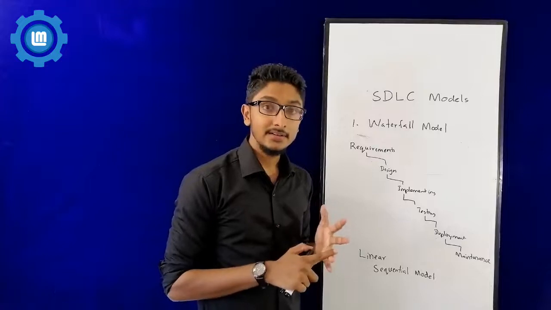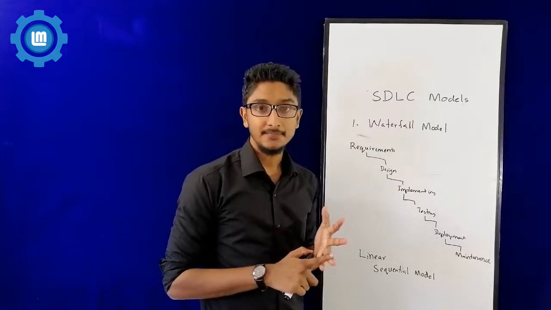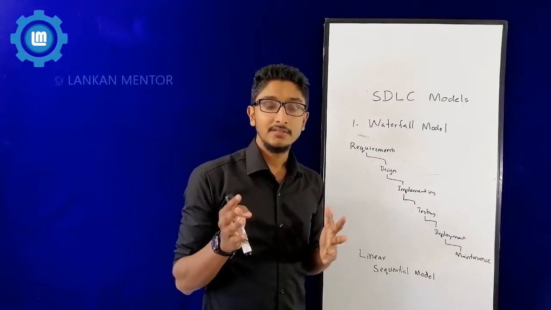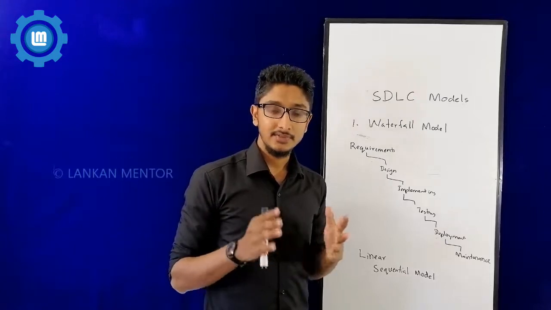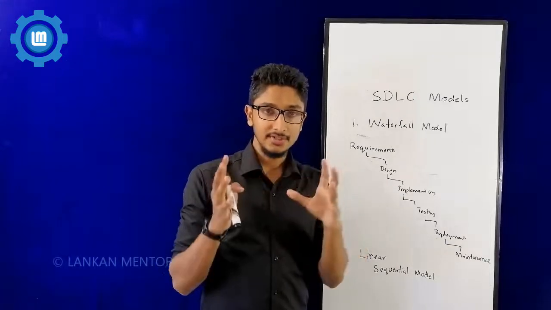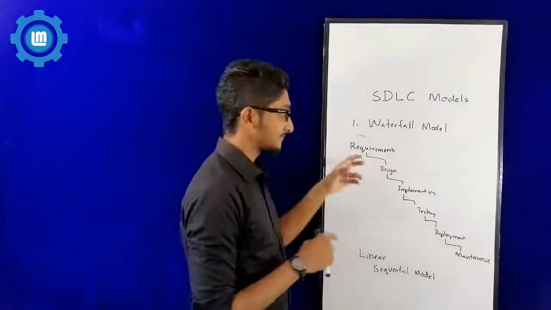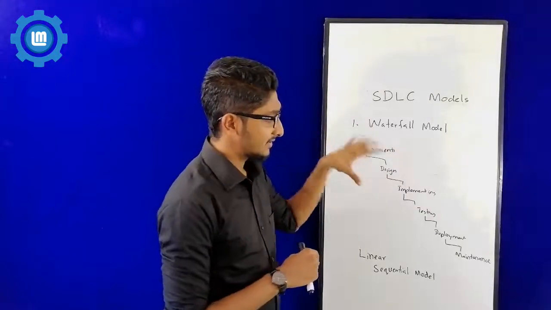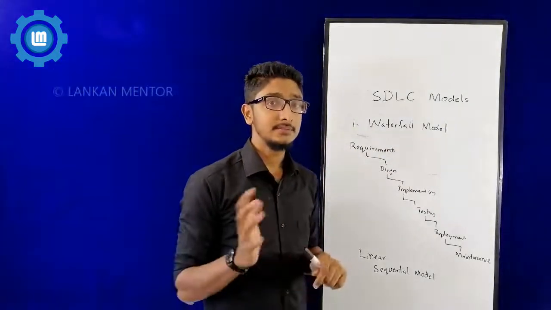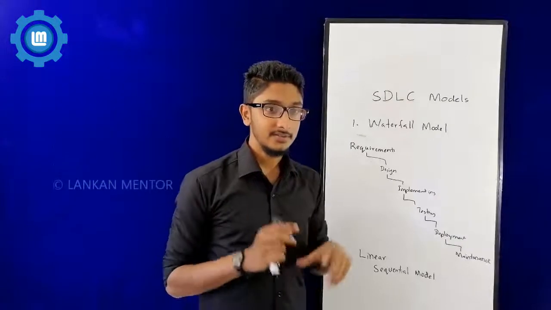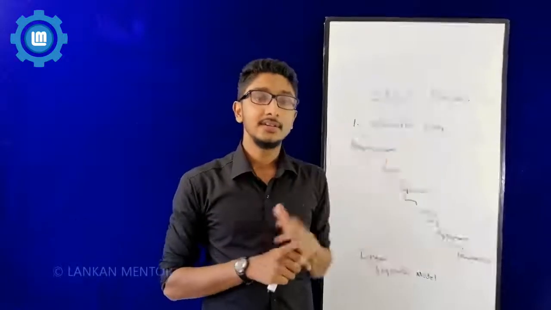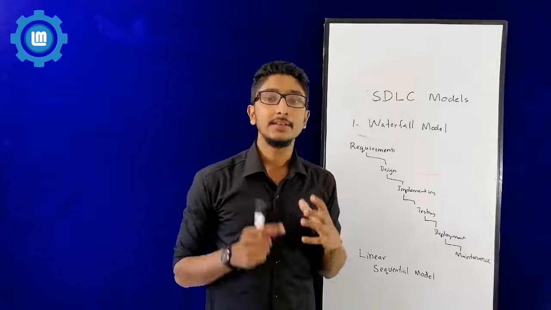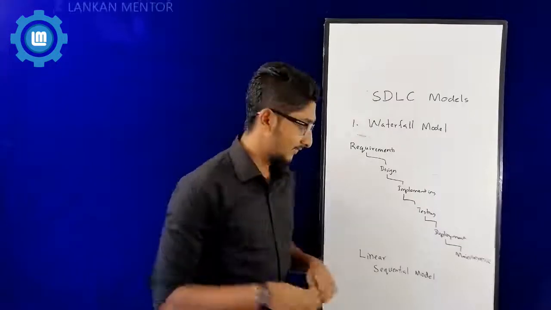If you go back, the cost is high. The loss, whatever the cost you are losing will be high, right? So these are some problems in the waterfall model. So these problems are solved through the iterative incremental model, right? We'll discuss that.